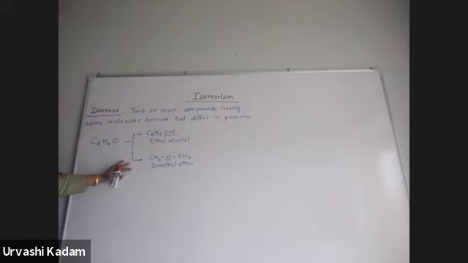So what we see here is two compounds on the board which just share a common molecular formula. They have a different structure, they have different properties, and these kinds of compounds are called isomers. And this phenomenon of exhibiting isomers is called isomerism.